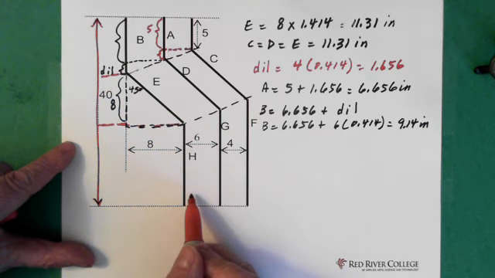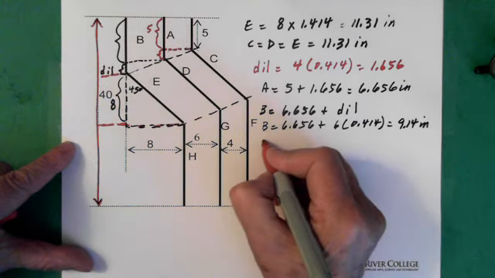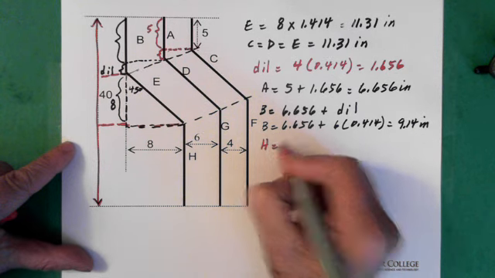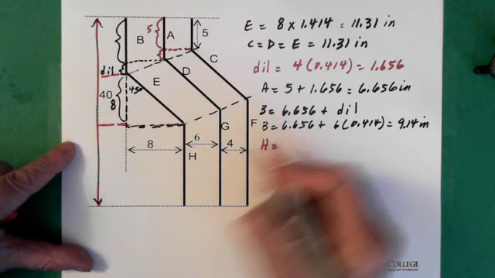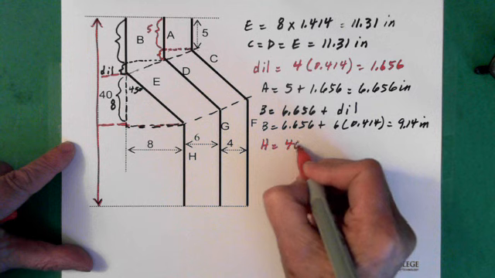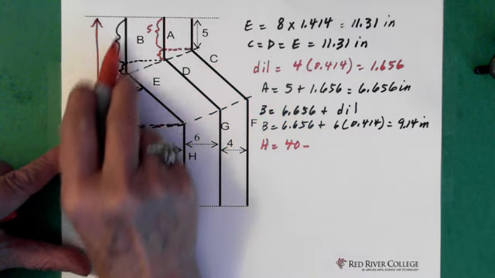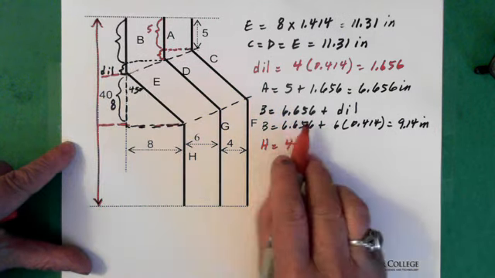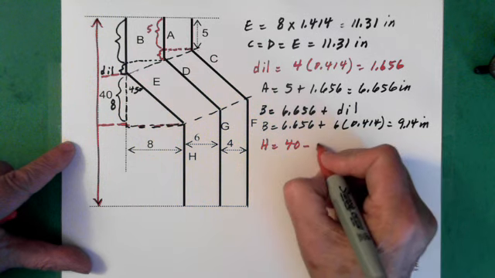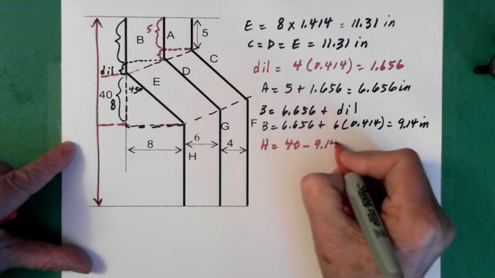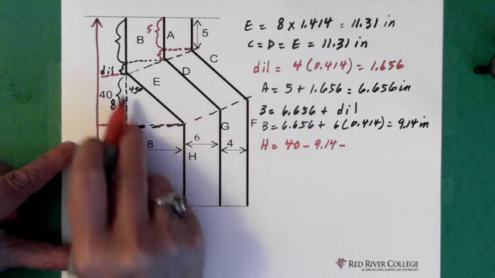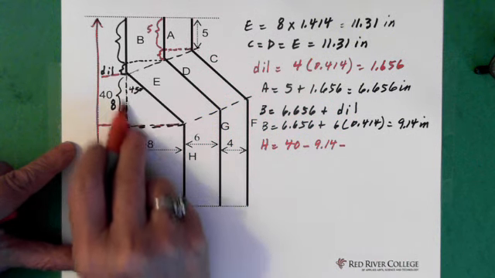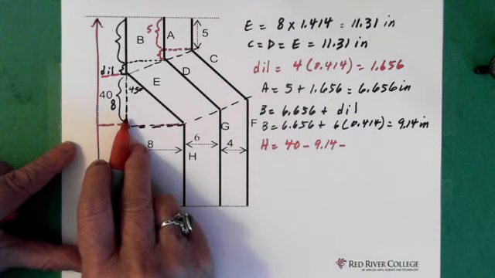Now if we draw a line straight across from here, okay, we can see that that's the height of H. So then H is essentially this total length, the 40 inches, minus B, and B is 9.14 inches, and then minus this distance here, which we solve for as 8.